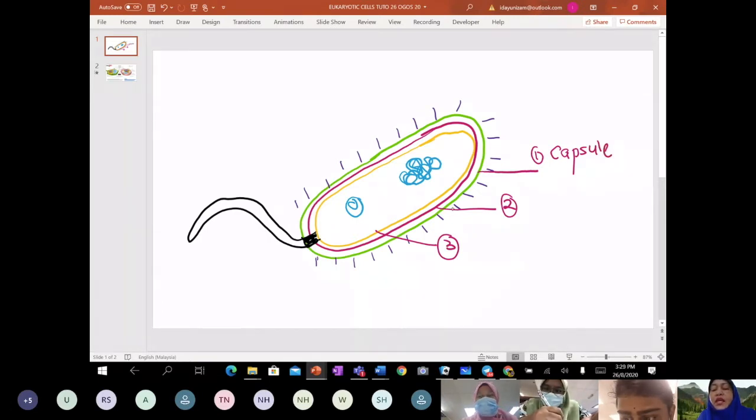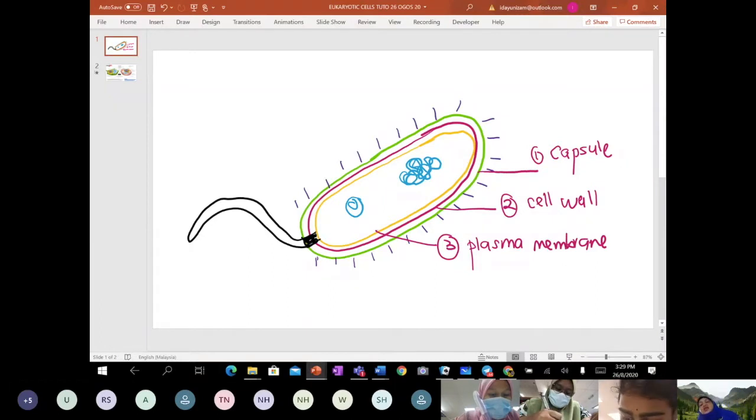The second layer, like plant cell, the prokaryotic cell also has a cell wall. And then the third layer inside, this is the fundamental of a cell, the orange color. This, of course, is a plasma membrane. So these are the 3 layers for prokaryotic cell.